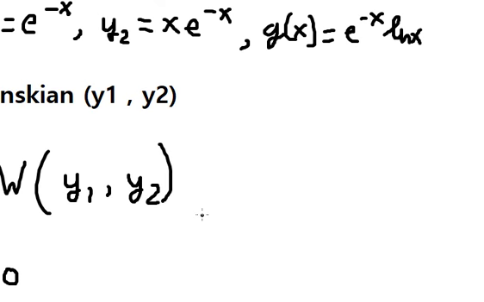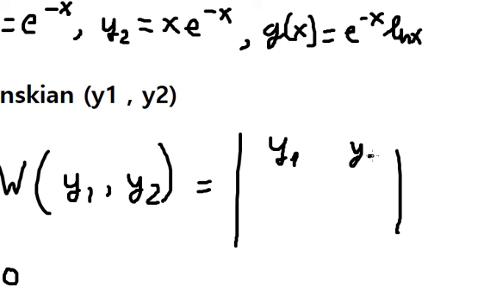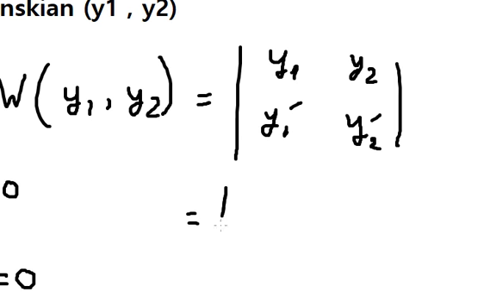So for the Wronskian, we have the matrix. That is y number 1, y number 2, first derivative of y number 1, first derivative of y number 2. Y number 1, that's e to the power of negative s. This one we have s e to the power of negative s.